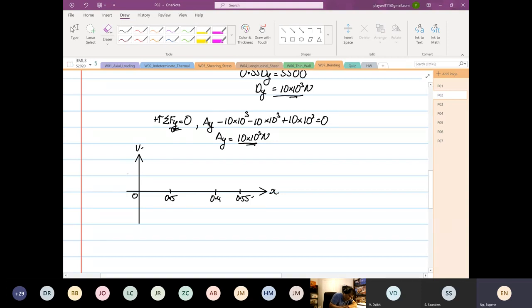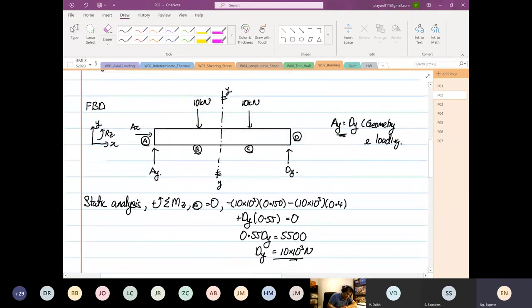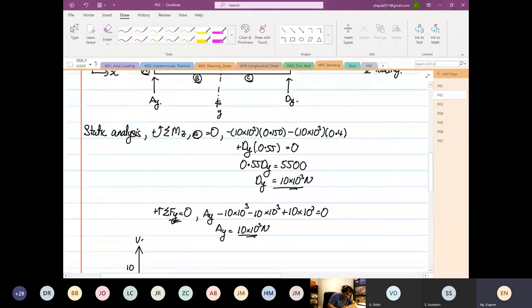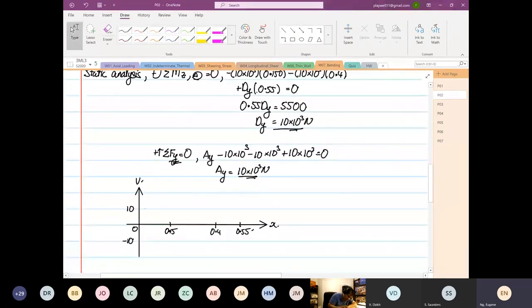So you have your 10 over here, and here is minus 10. So from 0 to 0.15, you will have 10 kilonewton coming here. Right, so this is your 10 kilonewton.